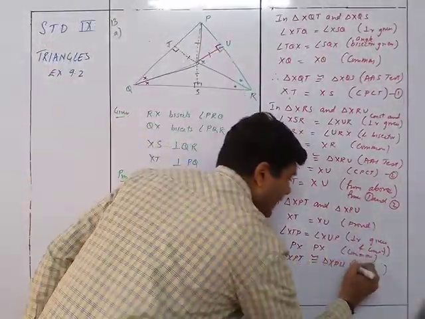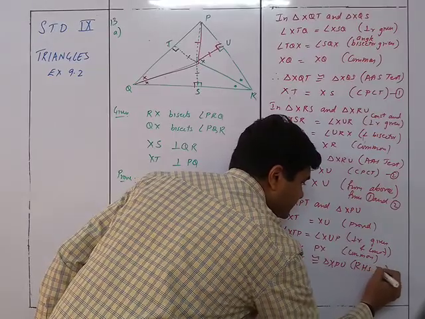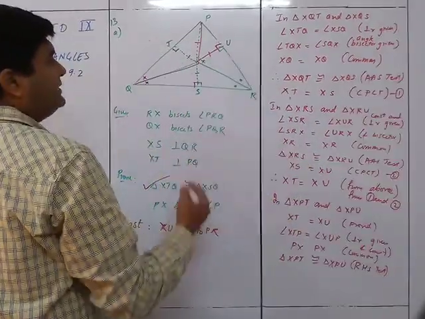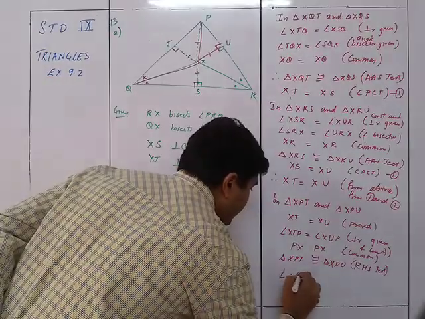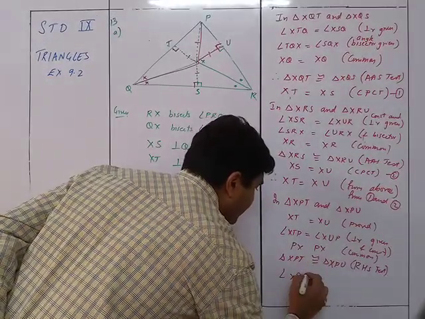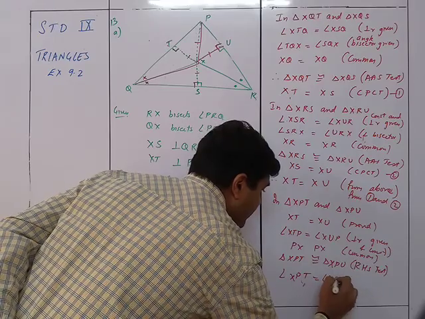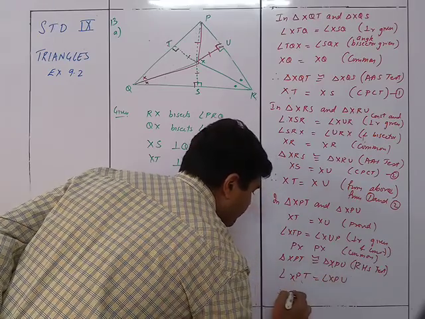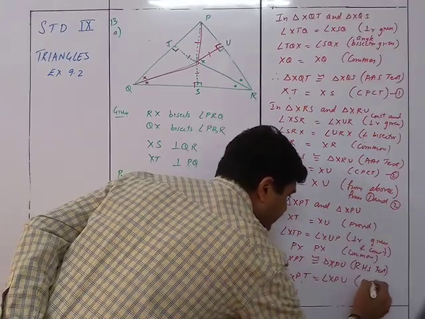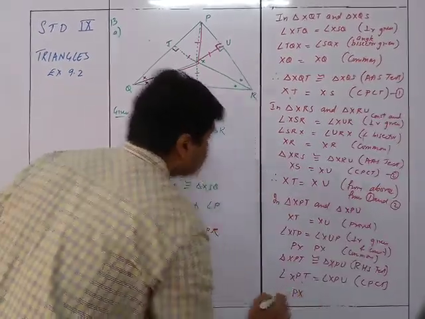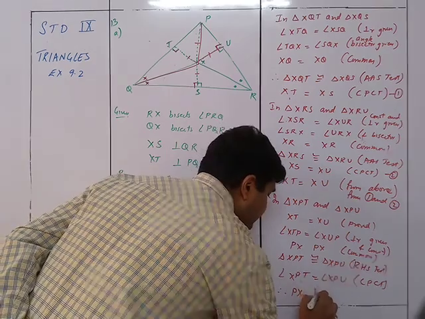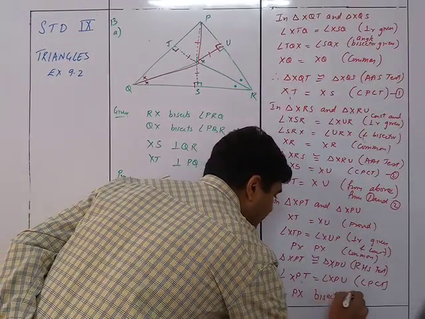So it will be the RHS test. Hence angle XPT is equal to angle XPU. Therefore, by CPCT, PX bisects angle P.